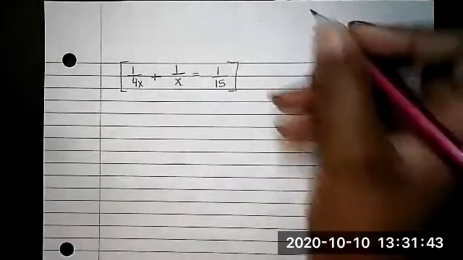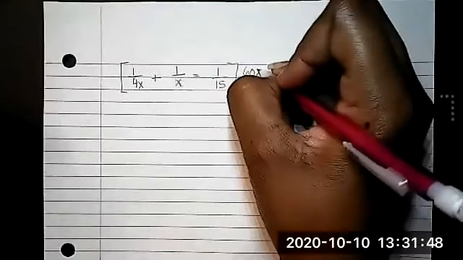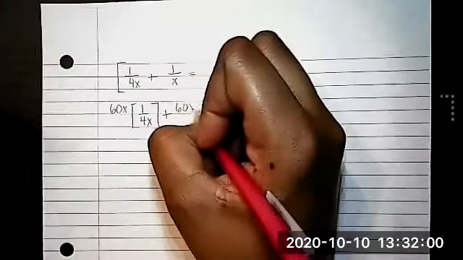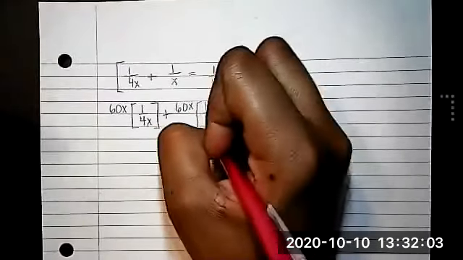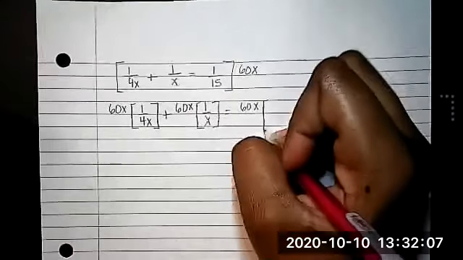So our common denominator will be 60, and there's an X in both, so 60X. Again, you're going to see these over and over again. So you know that 60X has to multiply by everything individually. Usually I skip this part, but I want to show it this time so that you understand what's going on.